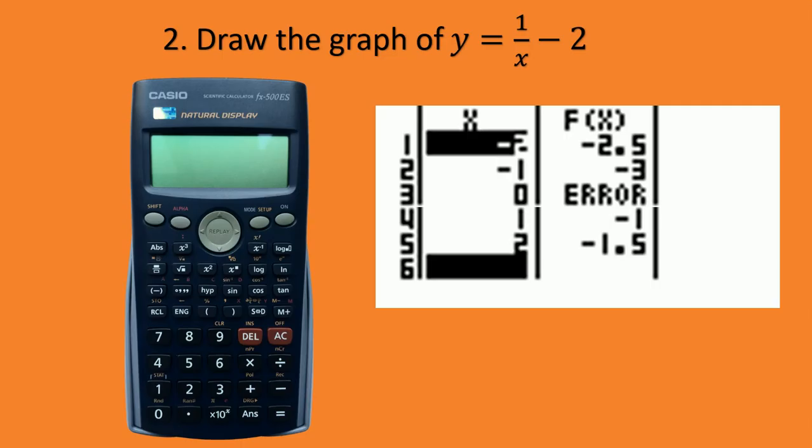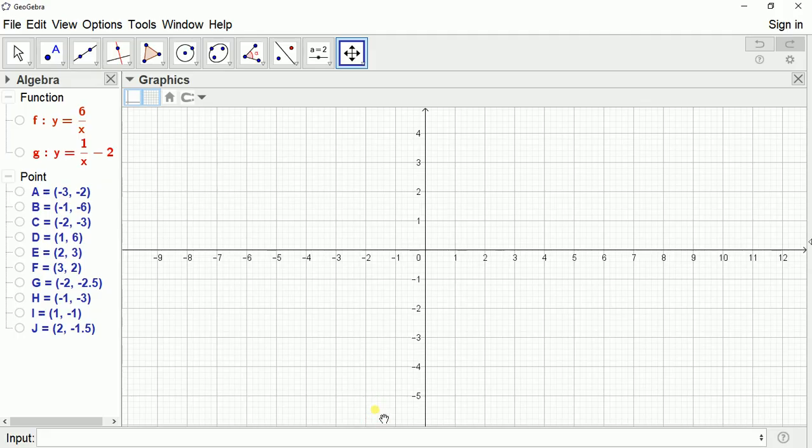We can now go to our Cartesian plane and construct using this table. So here we've got our Cartesian plane, and the points on our calculated table were: for minus 2 you'll get minus 2.5, for minus 1 we will get minus 3, for plus 1 we will get minus 1, and for plus 2 we will get minus 1.5.